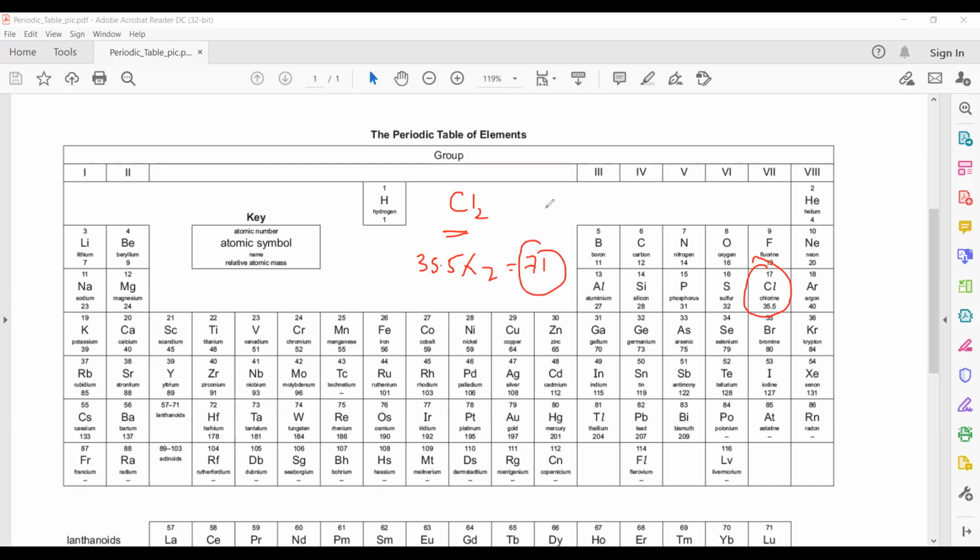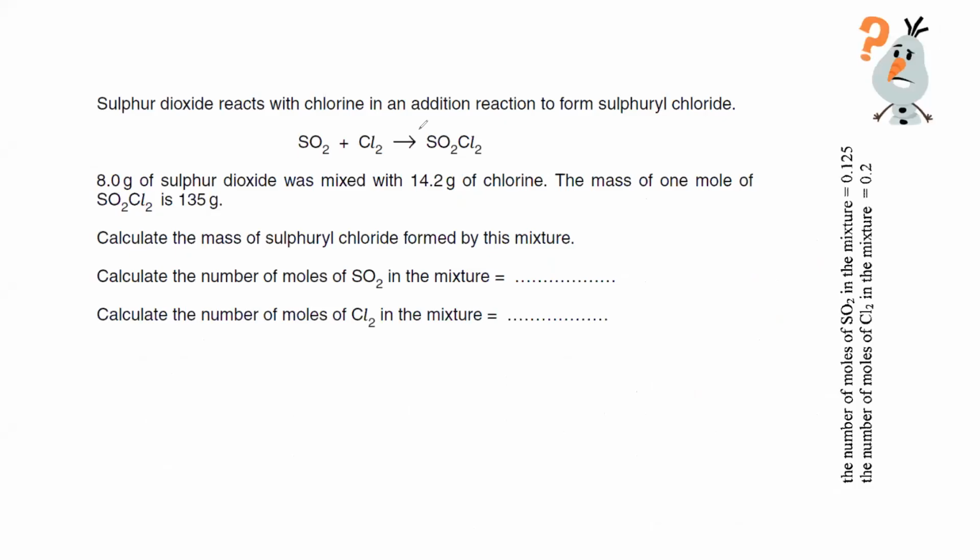So basically we have the molar mass of 71. To get the moles, because that's the main question, for moles of the chlorine in the mixture, mass in gram is 14.2 divided by 71. What is the answer for this? 0.2.